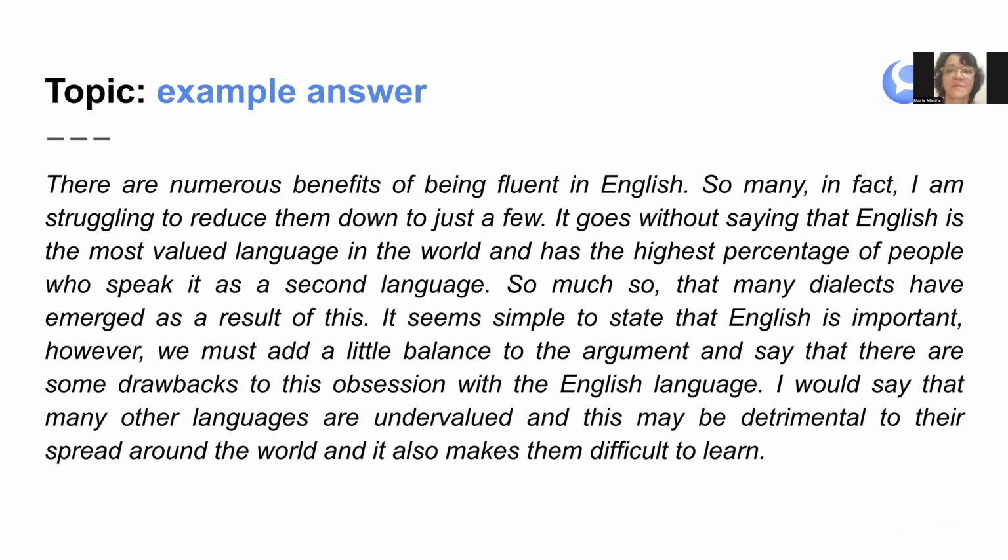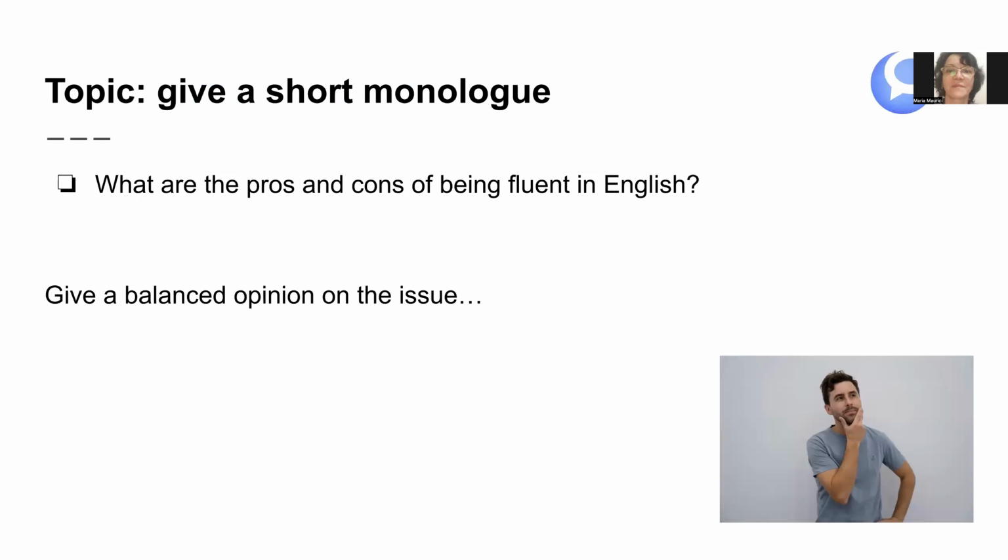I've given a simple, well, quite a complex actually, type of monologue I can give. This is the type of thing I would say. I would introduce it by saying what I'm going to talk about. I'd say in this monologue, I'm going to talk about the pros and cons of being fluent in English. I'm going to give a balanced opinion on the issue, to talk about the advantages and the disadvantages.